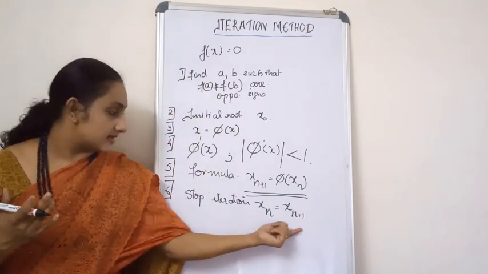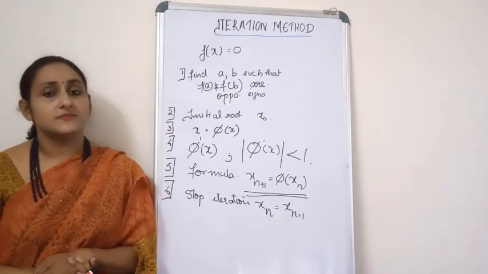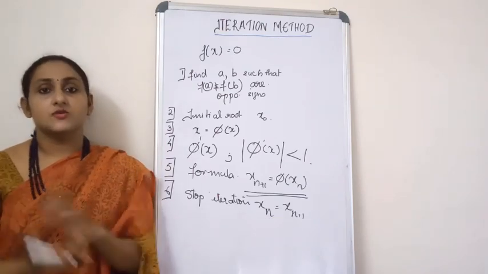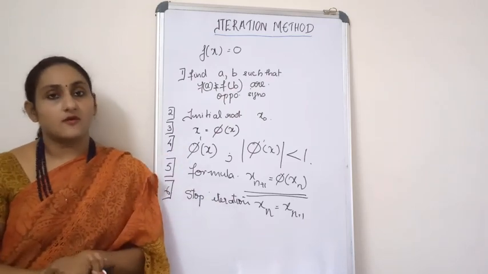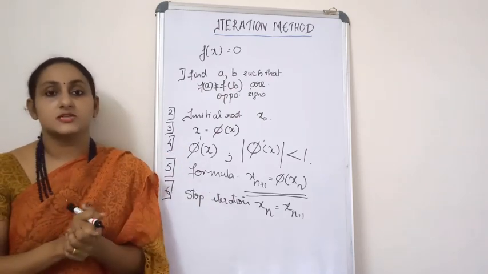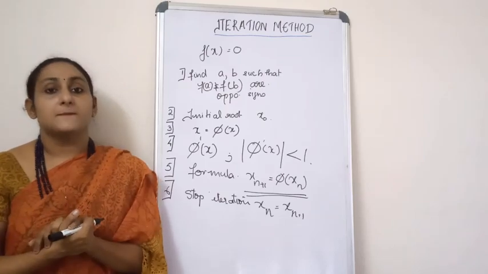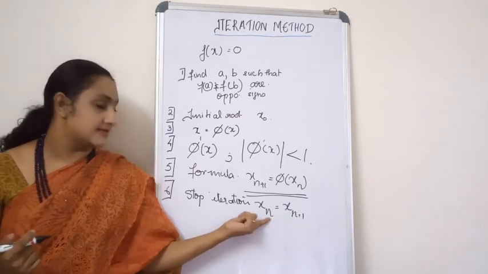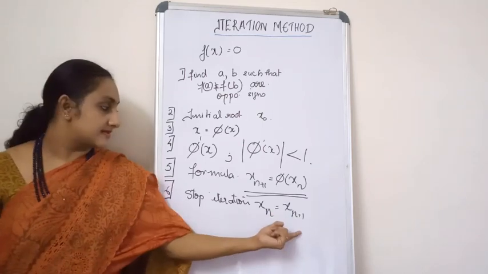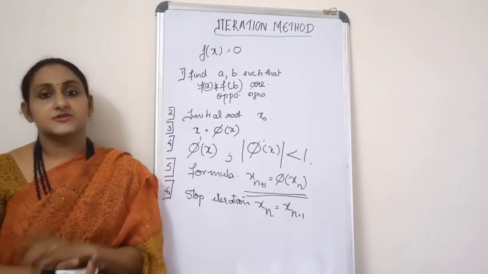When this condition is satisfied, you can stop the iteration at once, and then you can come to a conclusion that the real root of that particular function is so and so, that you will conclude by yourself. But you can only conclude or stop your iteration at this point, when this final condition is satisfied.